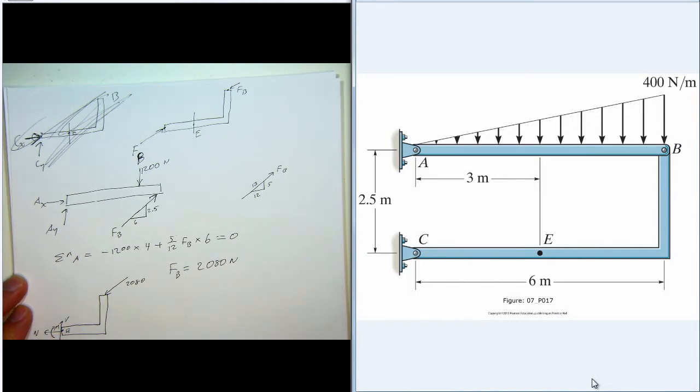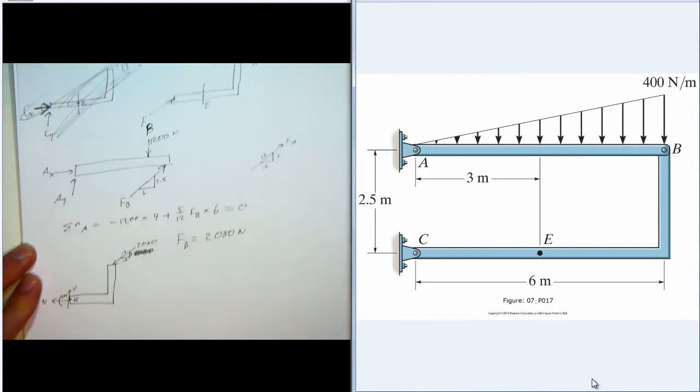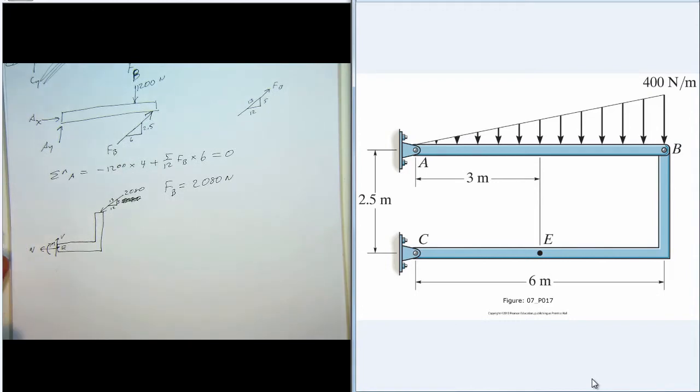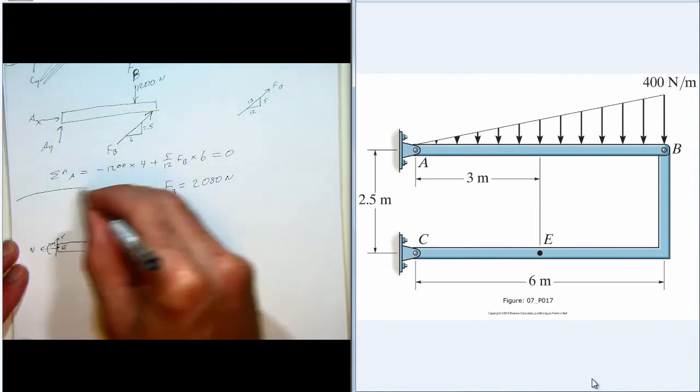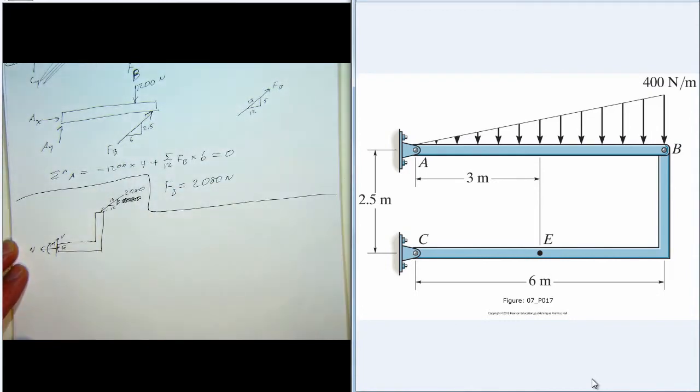And this is a 5, 12, 13 triangle. Okay, so there's our free body diagram that we're working with. And we just have to apply the equations of equilibrium to find these three unknown loadings.